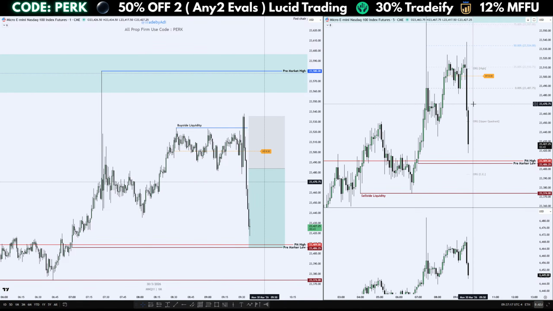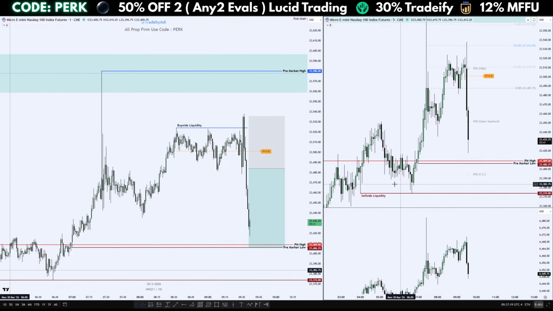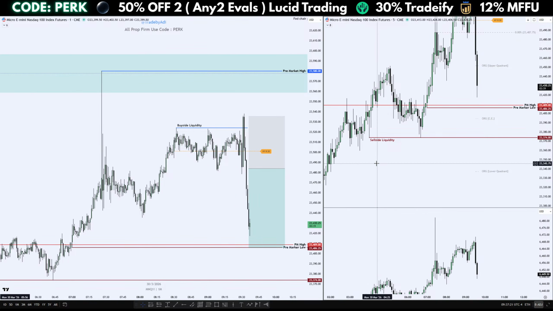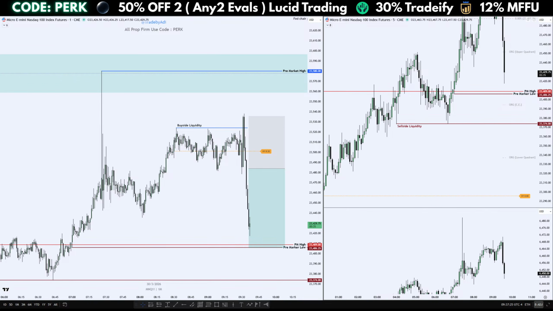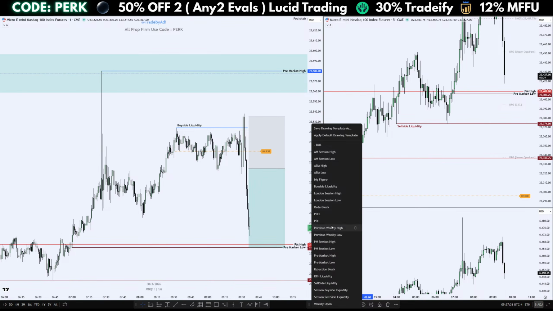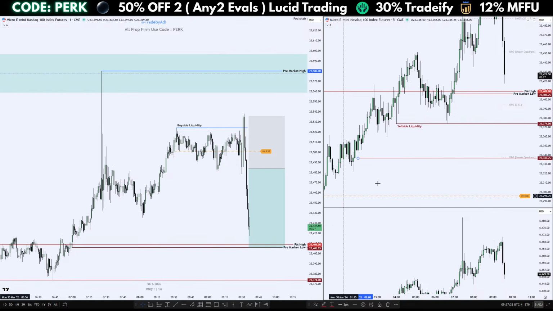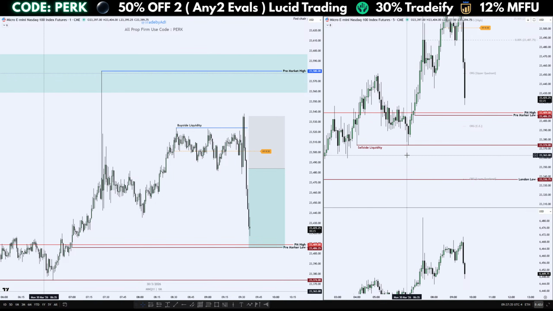If you check the 5-minute, we do have the clean equal lows, okay? And this low, let me mark down the London low also. And this low we created at 6 o'clock, so it is the London lunch hour low.